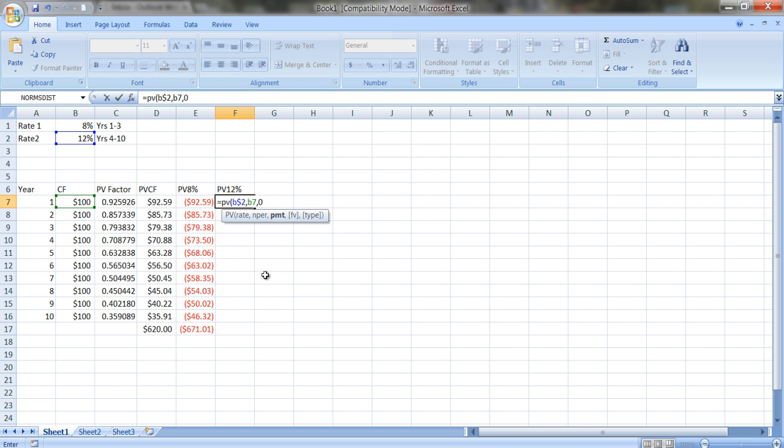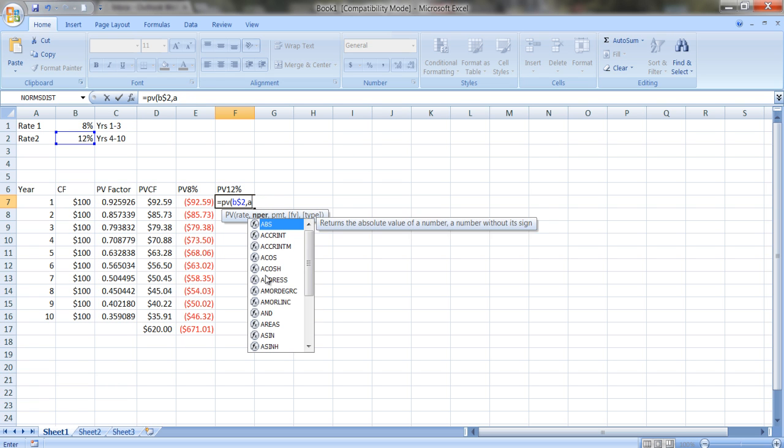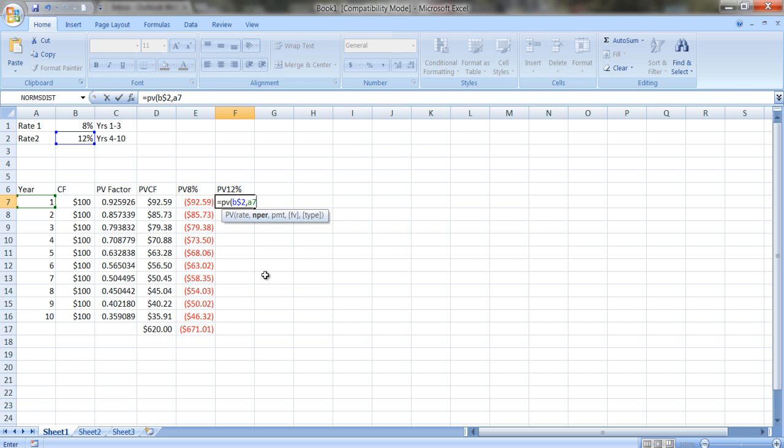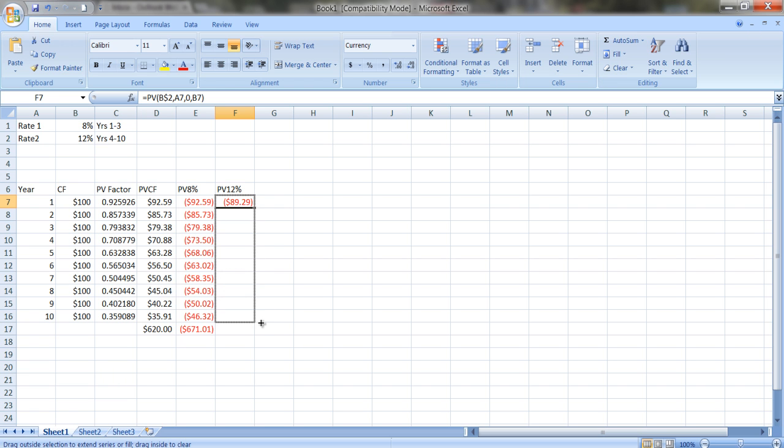There's no payment. And the future value is in B. I'm sorry, this is not B7. This is A7. That's the power I want to raise it to. And then there's no payment. And then the cash flow is in B7. And let's see what we get here. And again, I can sum this up.